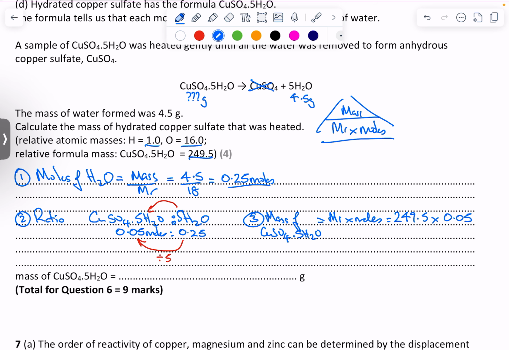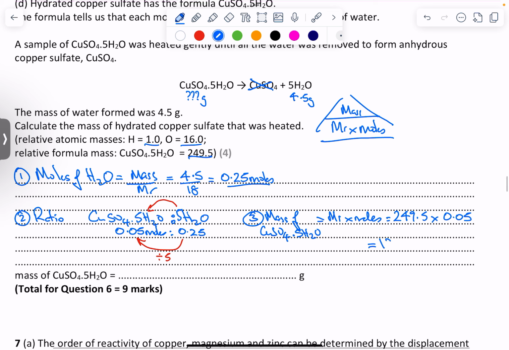So times by 249.5, and I've got a final answer of 12.48 grams, which you might want to bring back to 12.5. So it's 1 decimal place because they gave us 1 decimal place here.